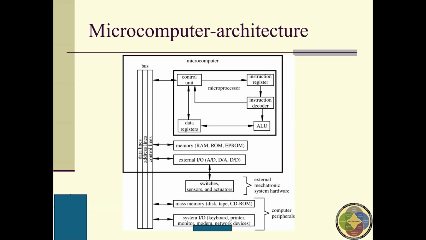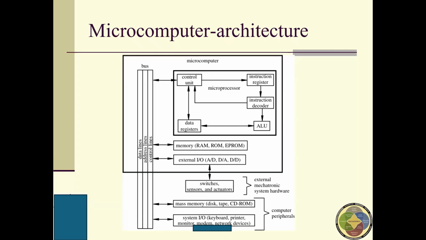And then the external I/O: AD is the analog to digital converter, DA is the digital to analog converter, and DD is a performance enhancer from digital to digital. Here is a switch, which we have connected to the sensors and actuators. This is internal memory, but you can also have external memory: disk, tape, and CD-ROM. And here are the system I/O: keyboard, printer, monitor, modem, network devices.